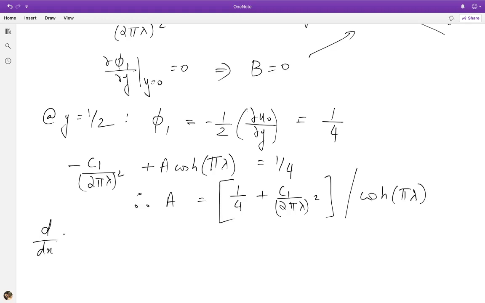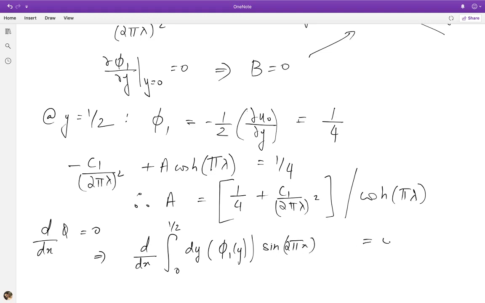So the fact that dq/dx equals 0 is automatically satisfied at the 0th order because q is independent of x, and at first order it means that the derivative of the integral from 0 to half with respect to y of the function phi1 of y times sin 2 pi x must be equal to 0.